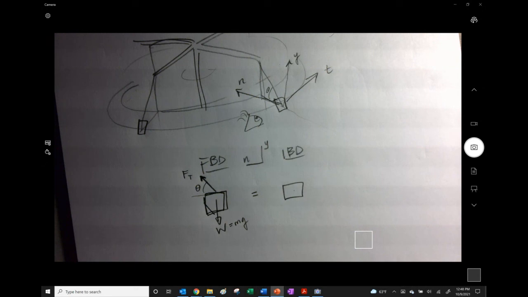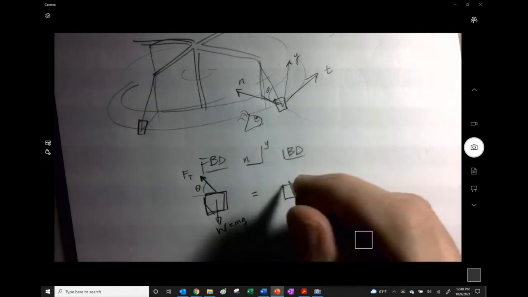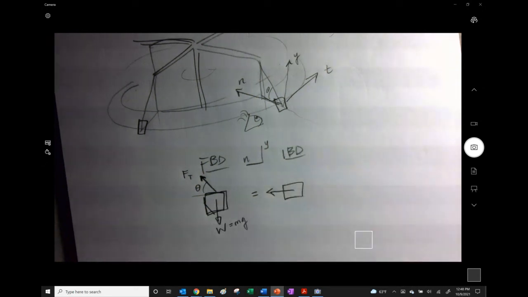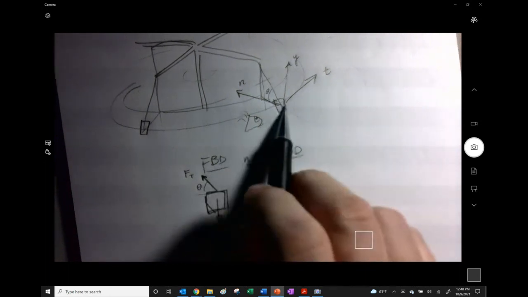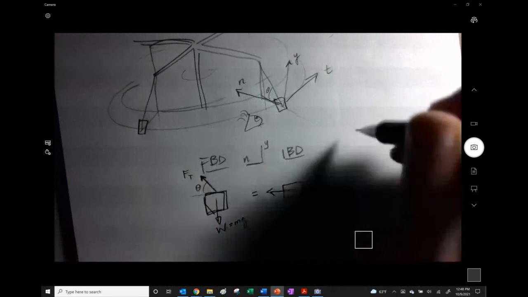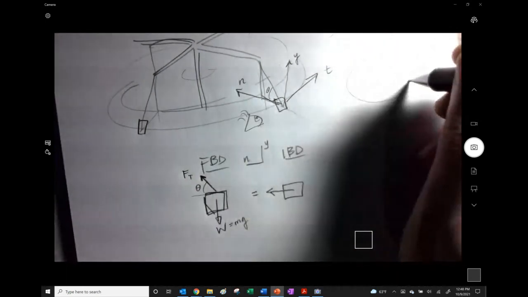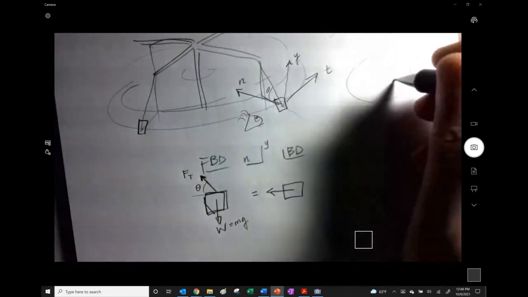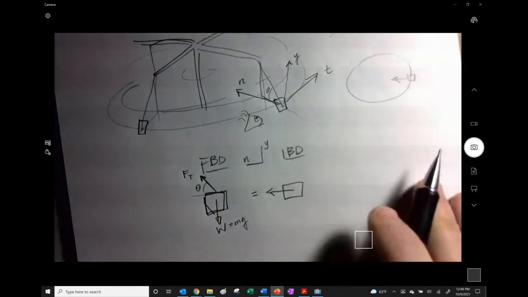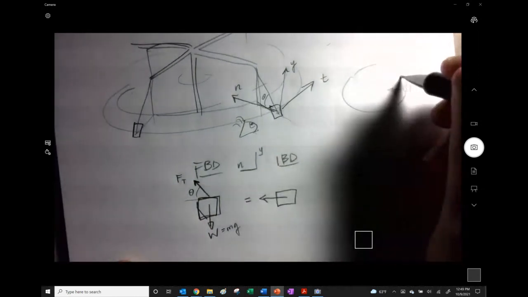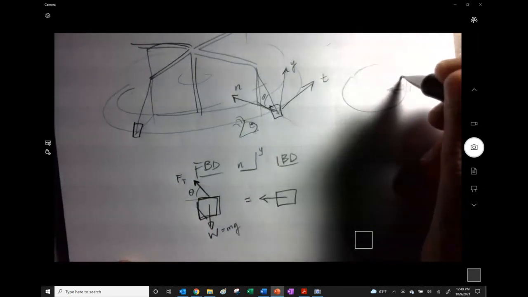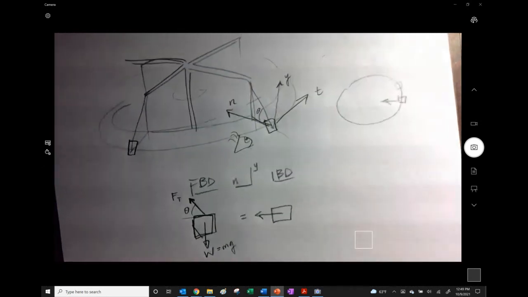It accelerates to the inside because it turned around. Yeah, so right there, right? This is the direction we're looking at it. It's accelerating towards the center. If you were looking down upon the thing right here, it's accelerating that way. Yes, because at a later time, it's going to be over here, right?